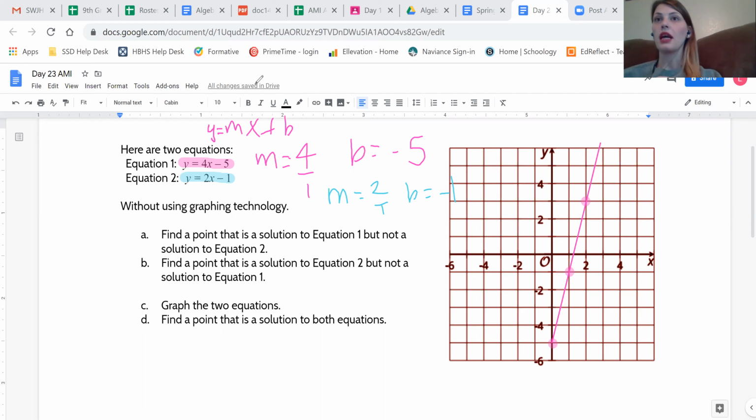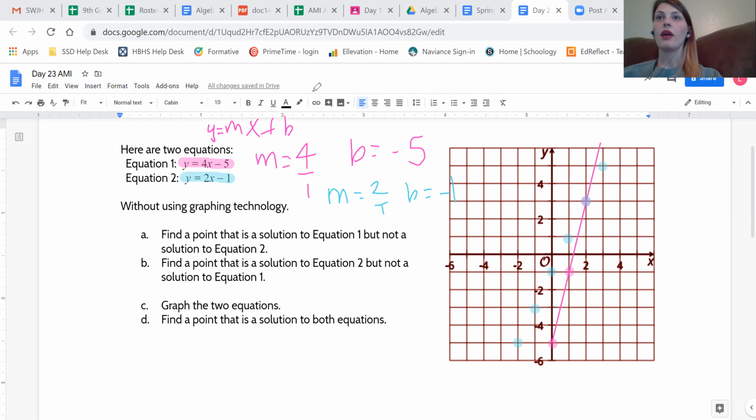So I'm going to head down to my y-intercept at negative 1, and go up 2 over 1, up 2 over 1. Ooh, that's a really important spot. And just for good measure, I like to go down 2 over 1, down 2 over 1 as well.